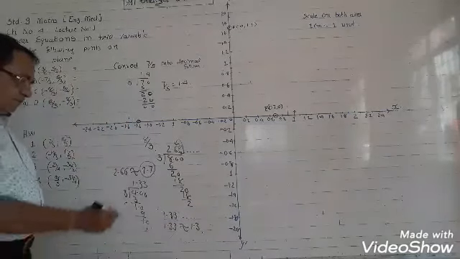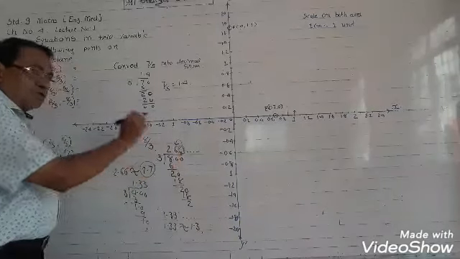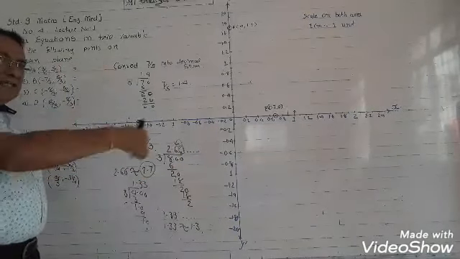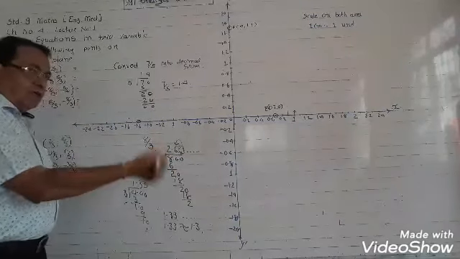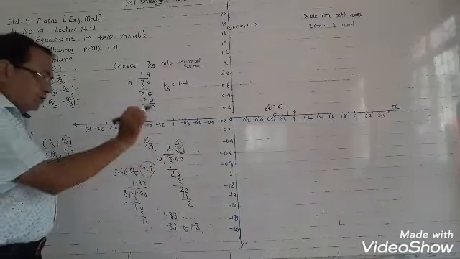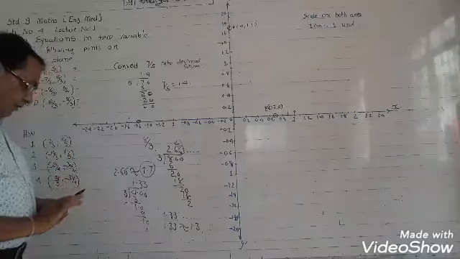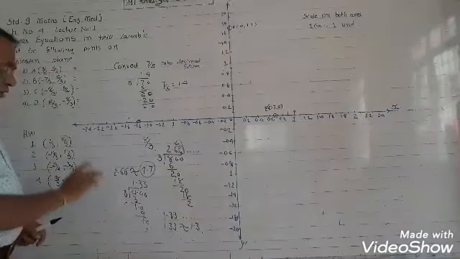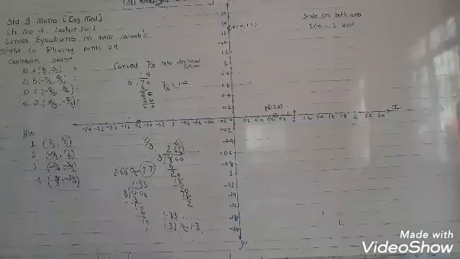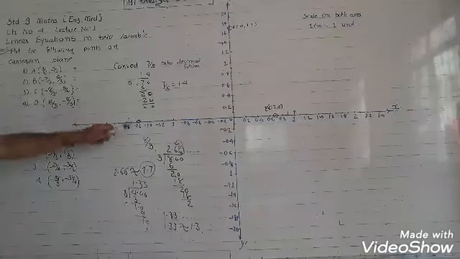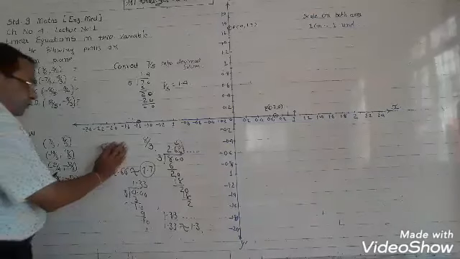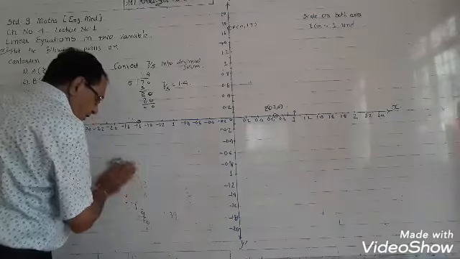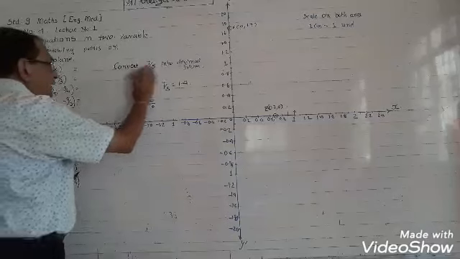Did you get it? If the digit is 5, 6, 7, 8, 9, then add 1. If it is 1, 2, 3, 4, keep as it is. Is it clear? How to convert fractions into decimals. You know it, but I reminded you.